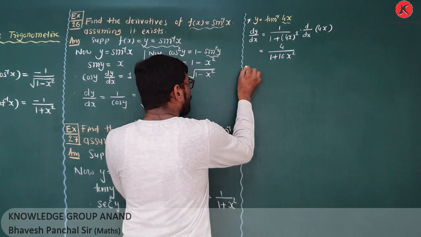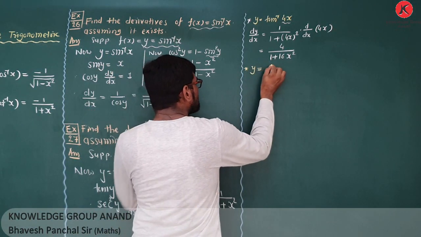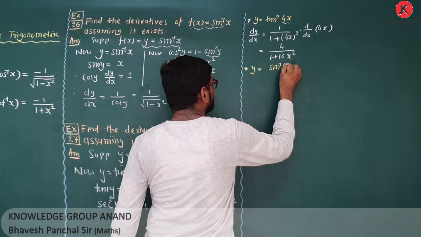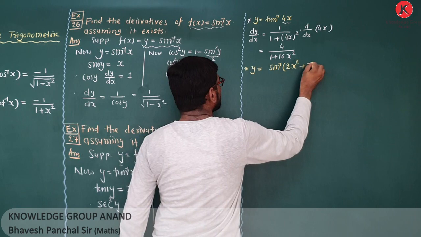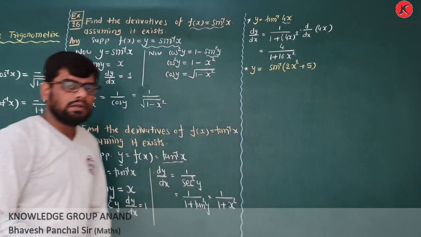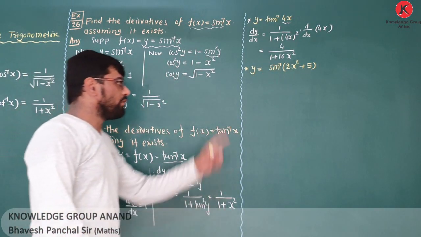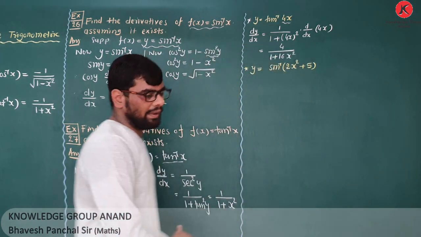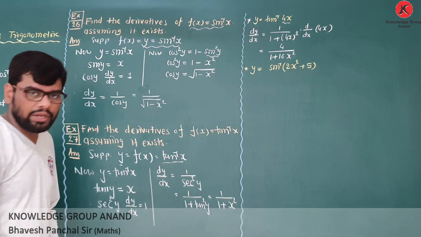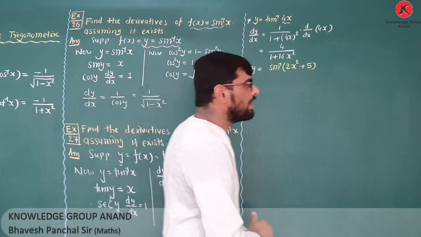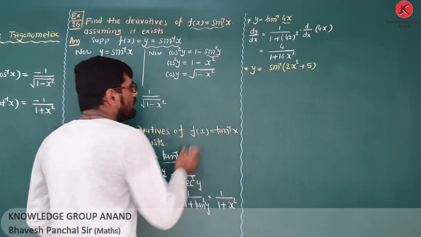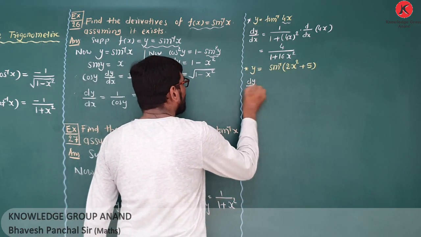See here, y equal to sin inverse of (2x square plus 5). See here, first the outer function is sin inverse and the inner function is 2x square plus 5. When we take the derivative of outer function, the inner function stays as it is, into derivative of inner function. See here, dy by dx.